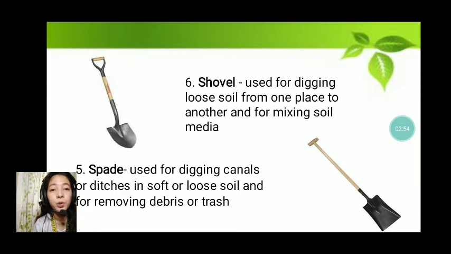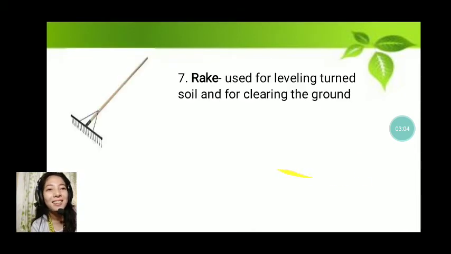So if you want to separate the trash from your soil, you can use the spade. Next, we have the rake. So what is the use of the rake? Rake is used for leveling turned soil and for clearing the ground. So if you want to gather the dry leaves, you can use the rake.